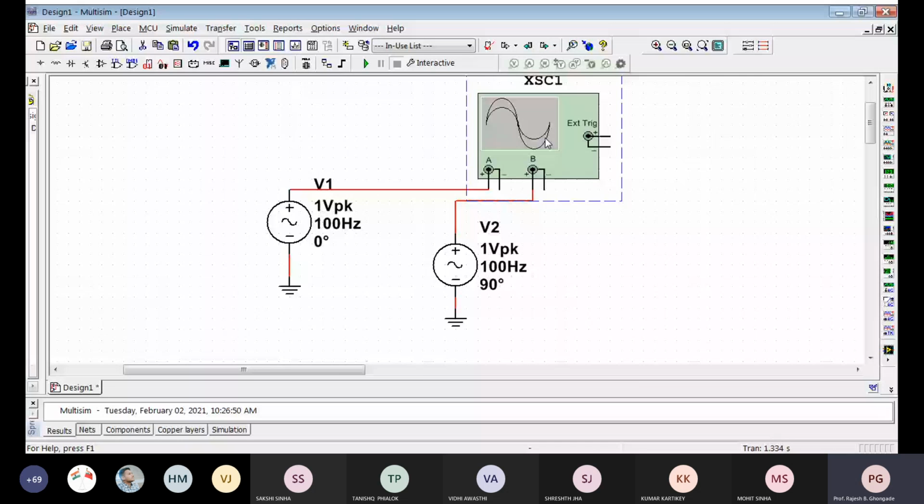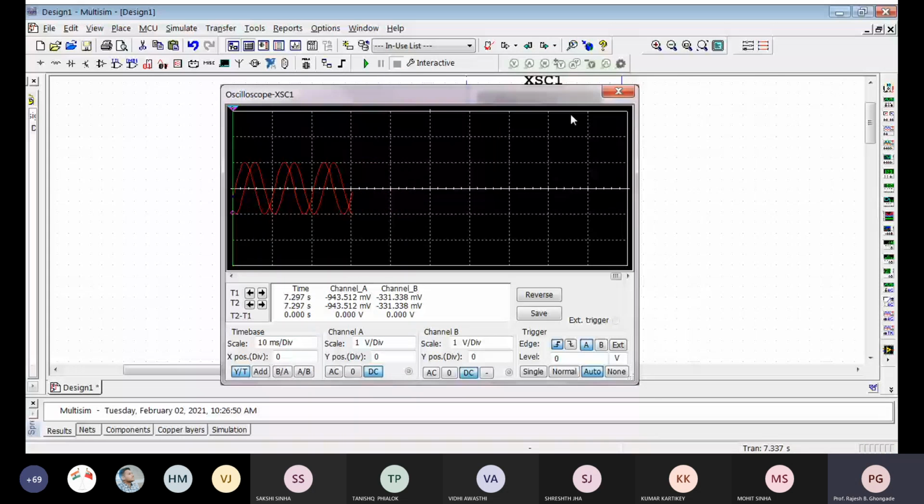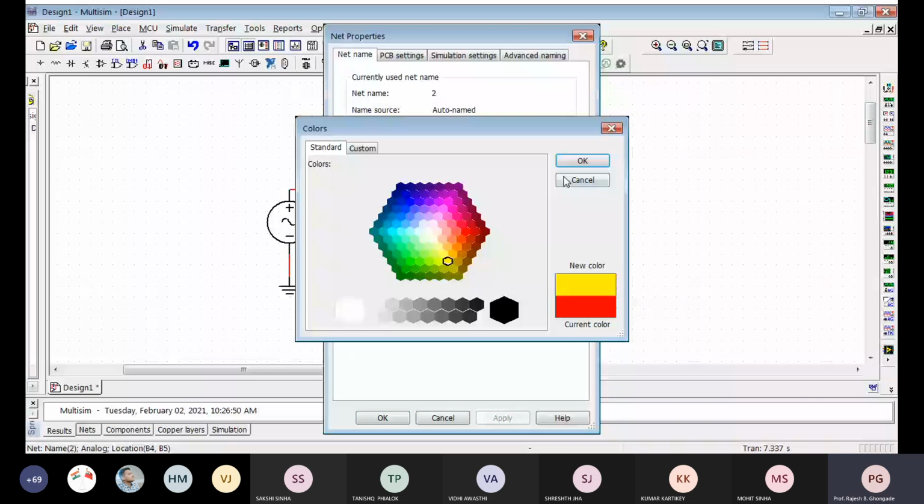You see that there are 2 signals which are phase shifted by 90 degrees. Let me change the color of this so that it is easier for you to see. So these are the 2 signals.